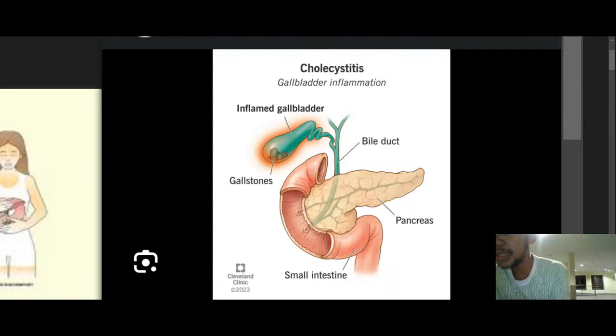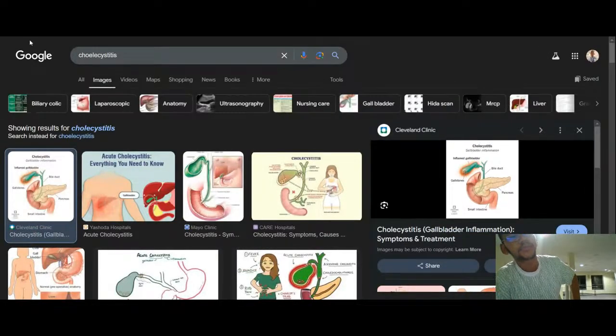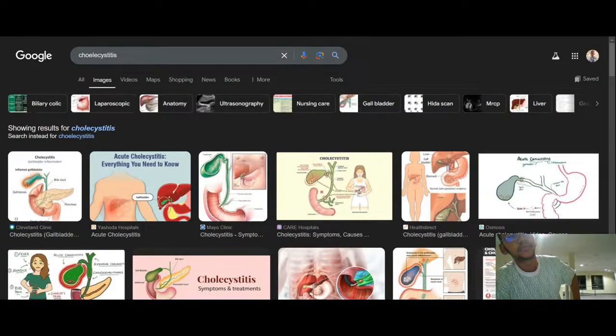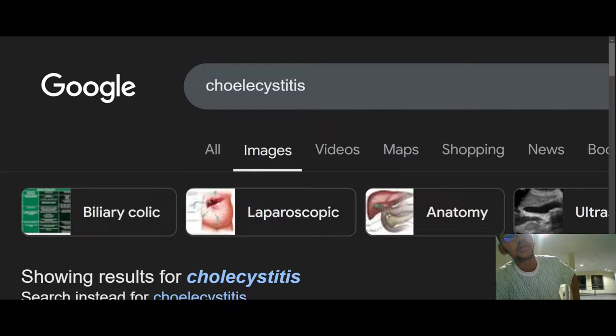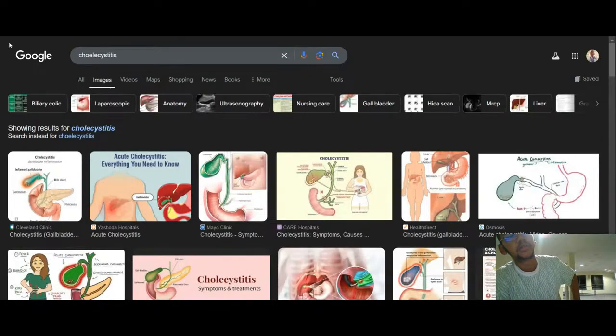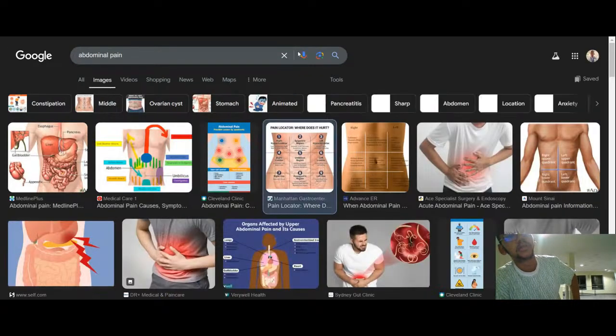Okay, so that's it, everybody, for cholecystitis as the second part on the differential for a patient presenting with abdominal pain. Now, the patient has epigastric pain radiating to the back. If we go back to our image, there we go.